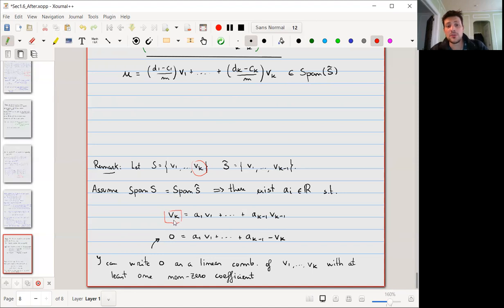Now, if I move this vk to the other side, I get an equation that is very innocent looking, but it will lead us to the concept of linear dependence. So let's have a look at this equation here. There should be a v(k minus 1) there.